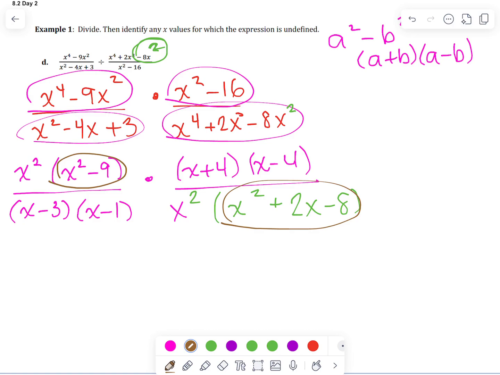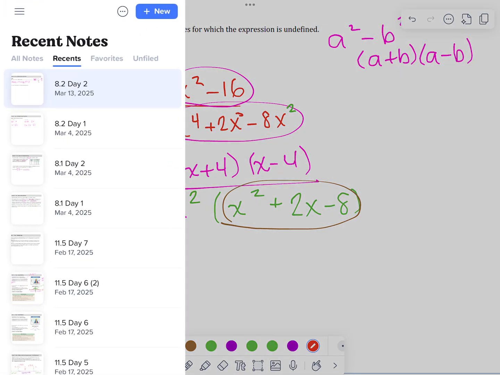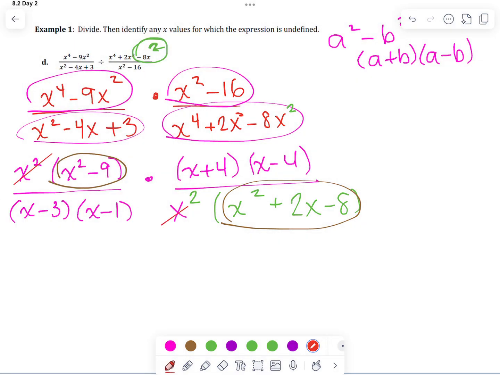So I'm going to go ahead and just do some canceling of common factors right now. I'm just going to cancel the x squareds out. All right, now I'm going to factor this by the difference of two squares as x plus 3 and x minus 3.